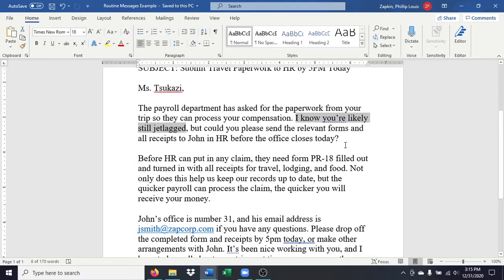And by saying, I know you're likely still jet lagged, the writer acknowledges that. So that's going to, again, help put the reader at ease because it shows consideration for their situation, their particular concerns, and the fact that they're likely not that keen on doing this task.